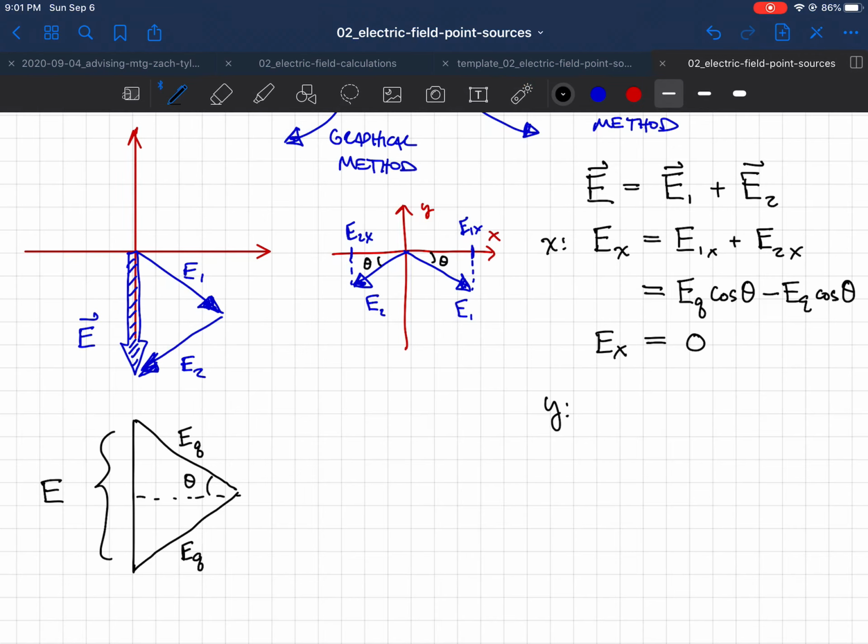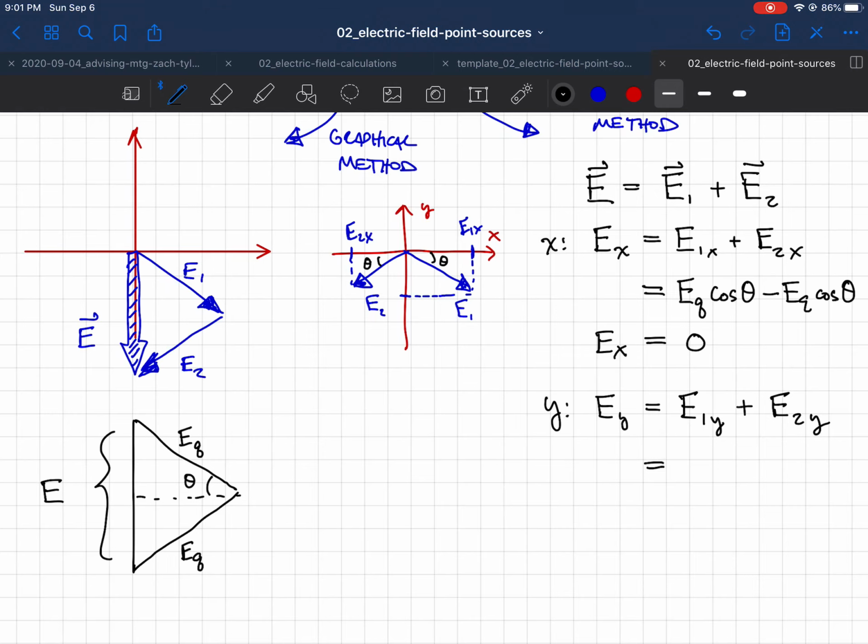Now we do the y equation. Ey, you want to be looking back up here at the vector equation, just rewriting it exactly, except putting in components. So Ey is equal to E1y plus E2y. And then we find them. So E1y, we project back to the y-axis and get to this number.